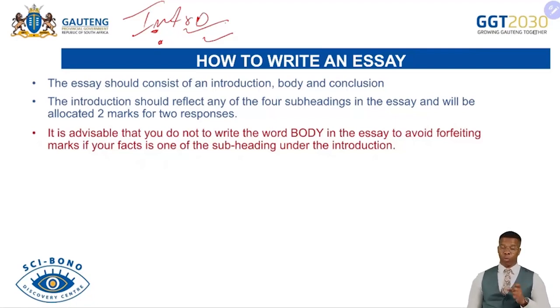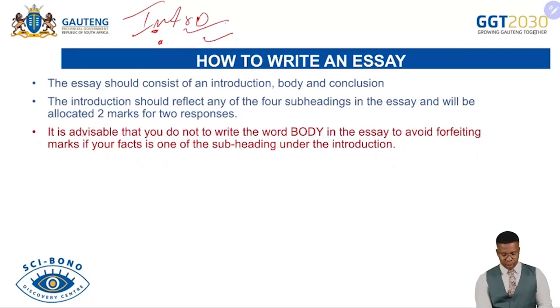You start with your 4 subheadings, which we automatically take as the body. So you should not write the word body, because sometimes you will lose marks if you provide the word body in the wrong part of your essay. It is advisable that you do not write the word body in the essay, to avoid forfeiting marks.